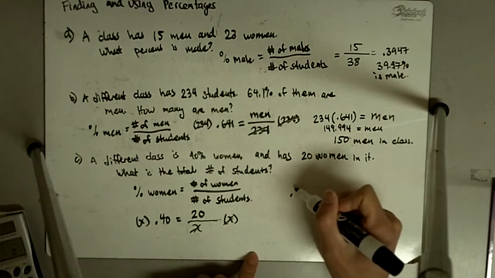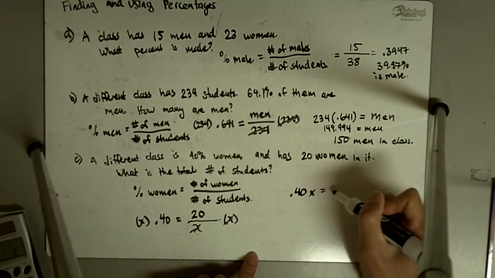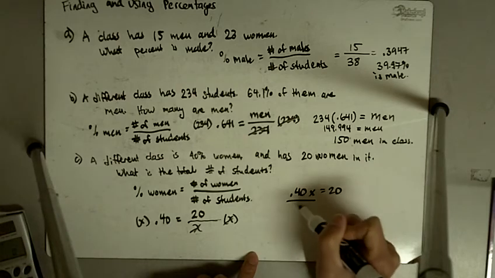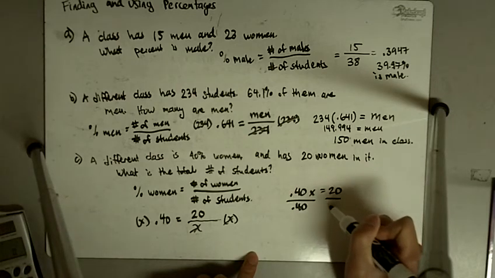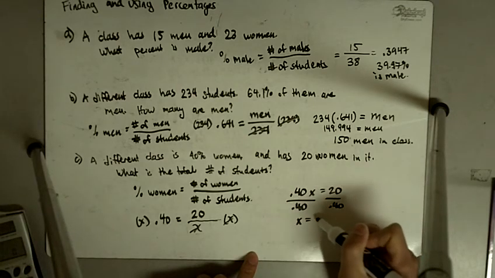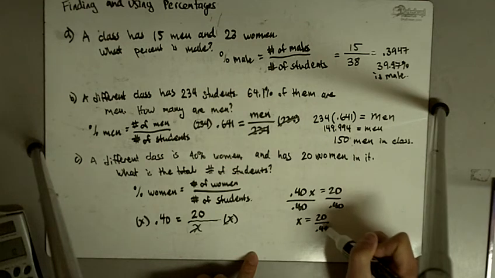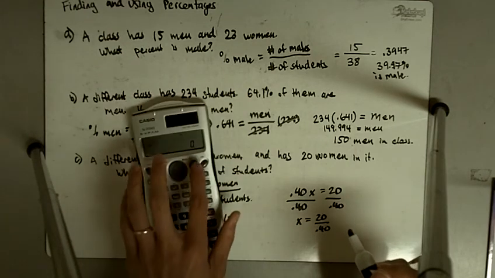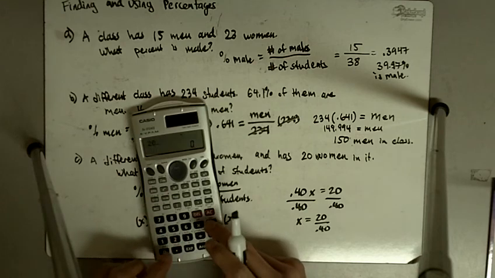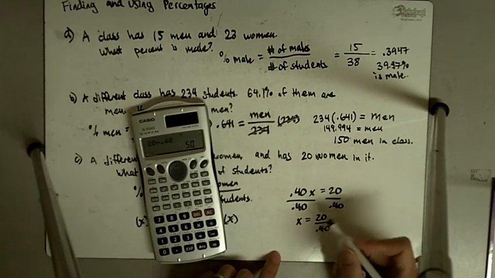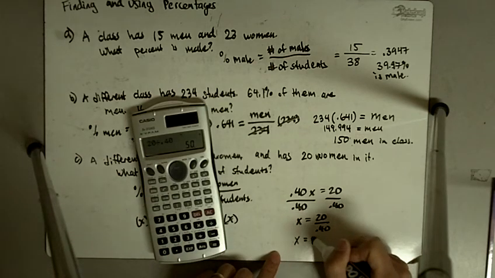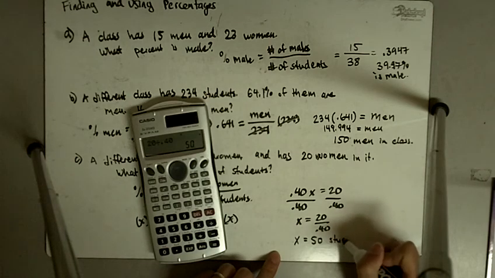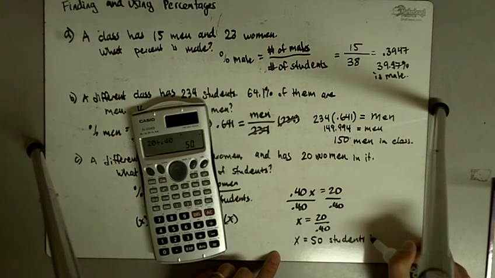And so now I have 0.40x is equal to 20. And then now I divide both sides by 0.40. I have x is equal to 20 divided by 0.40. And doing that on the calculator, I get x is equal to 50. So I have 50 students in class.